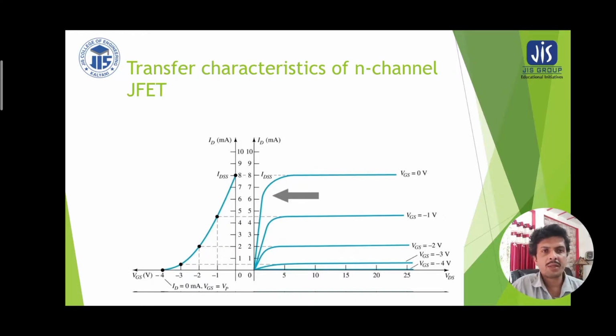So in summary, we can say that the pinch off region is gradually moving towards the origin, and at the top it is going away from the vertical axis. So this is obviously a non-linear relation, that is why it is termed a square law device.